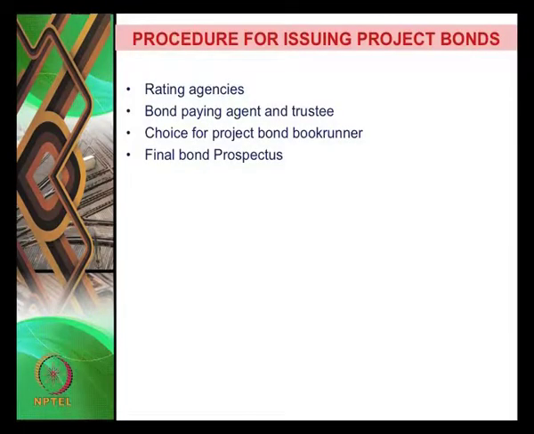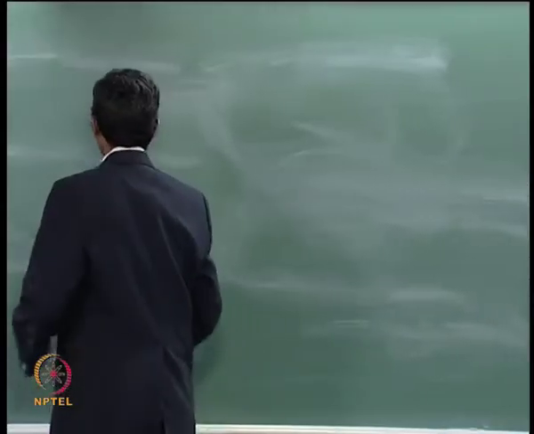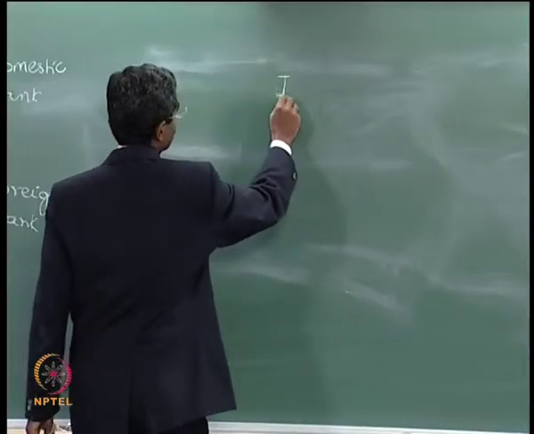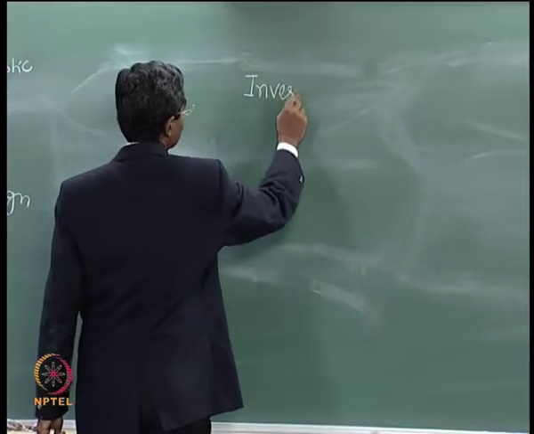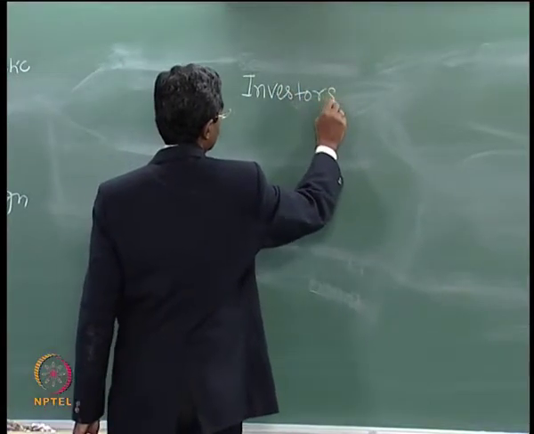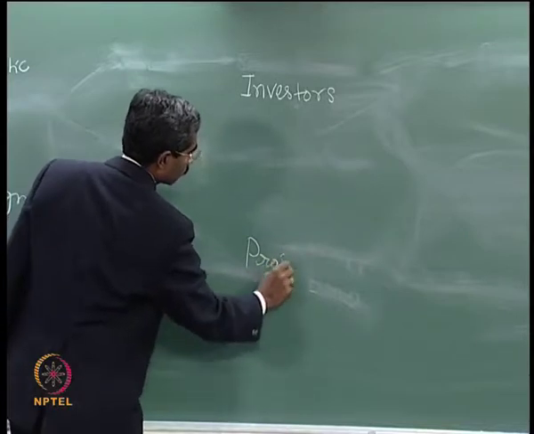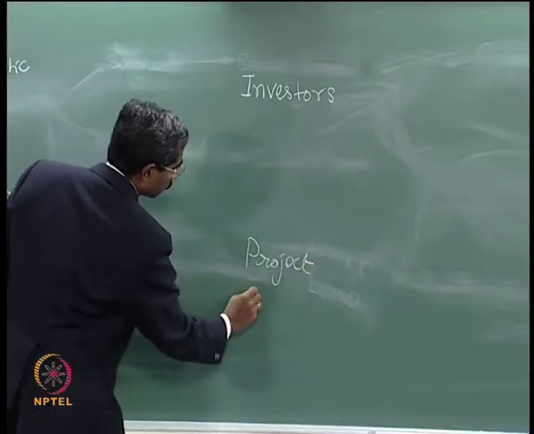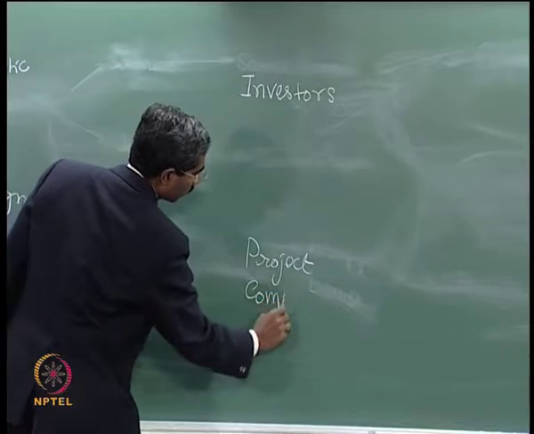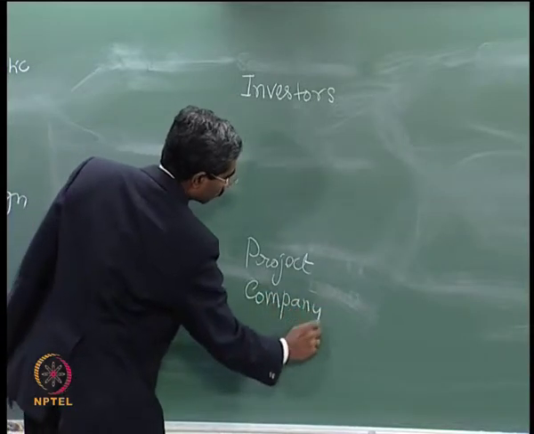Next we look at the other players in the procedure. We talked about the bond paying agent and the trustee. So normally you have the investors in the bond, and then you have the project company, which is issuing the bond.